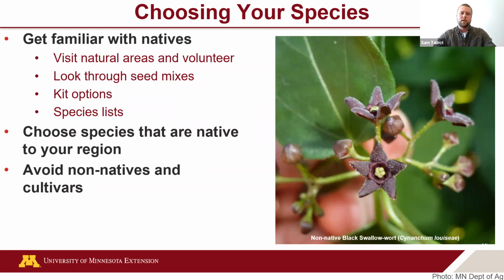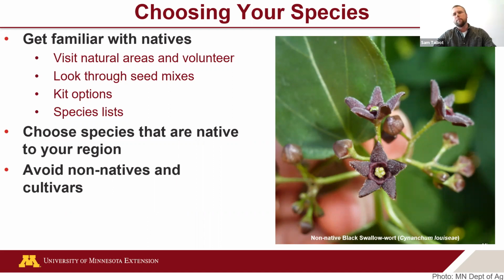So this is just one example. Black swallowwort, it's in the milkweed family. So monarchs will lay their eggs on swallowwort, even if there's milkweed in the prairie next to it. But then the larvae won't feed on the black swallowwort. Whereas if they were on the milkweed, on the Asclepias, they would. So it's sort of a dead-end host.